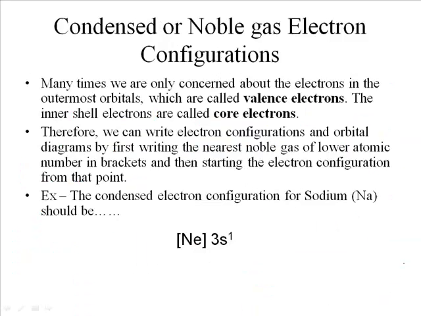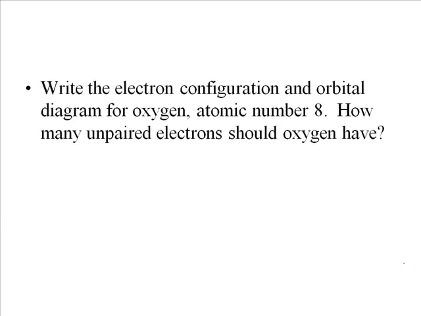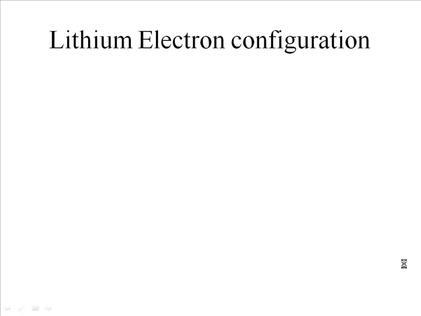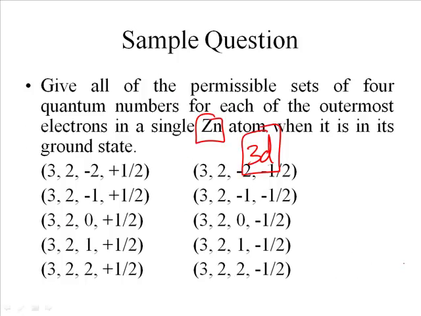So taking that into account, if we come all the way back here to that original question, remember that I said that for zinc, if they're talking about the quantum numbers for each of the outermost electrons, okay, a lot of times we call those valence electrons. The valence electrons are the outermost electrons.